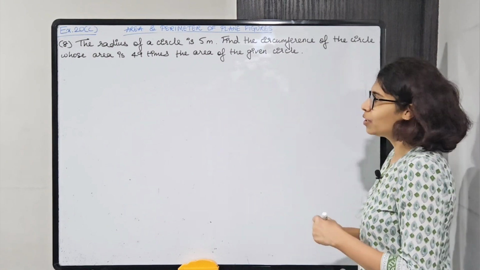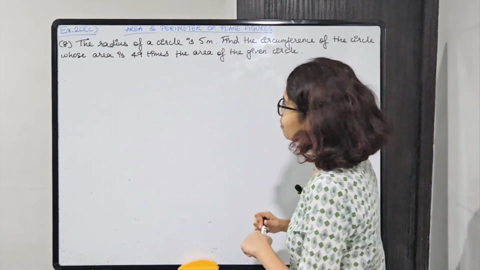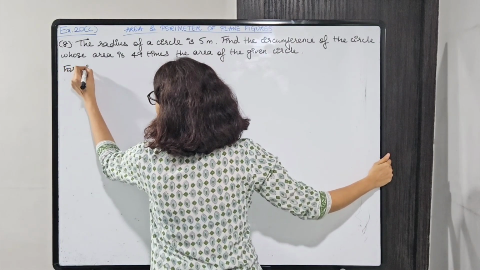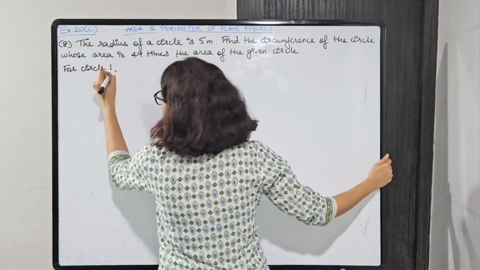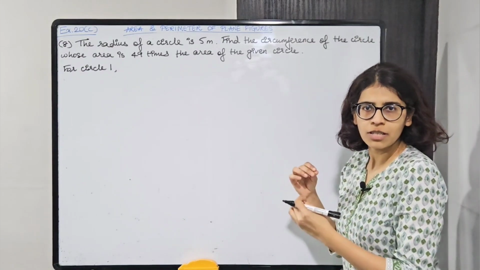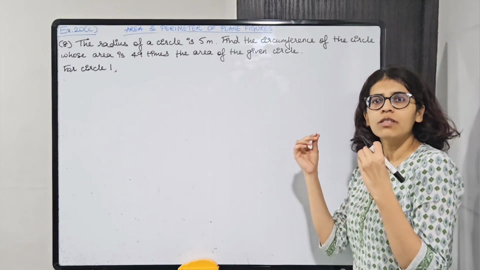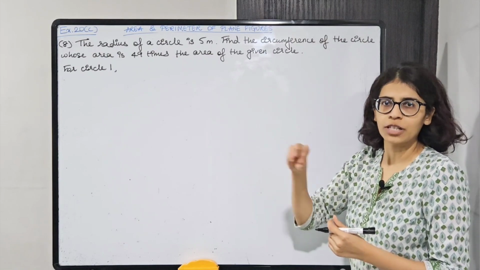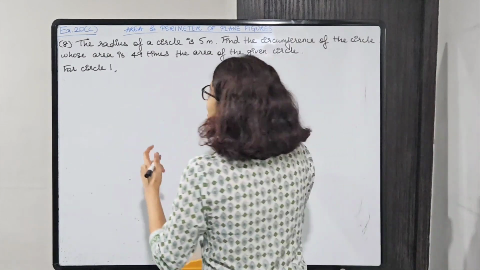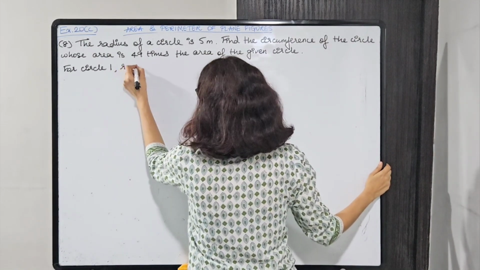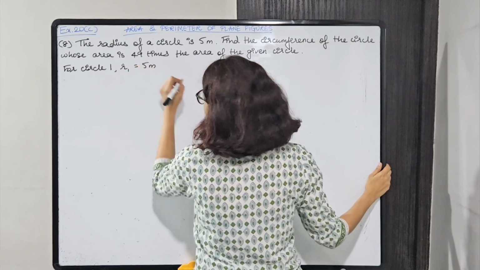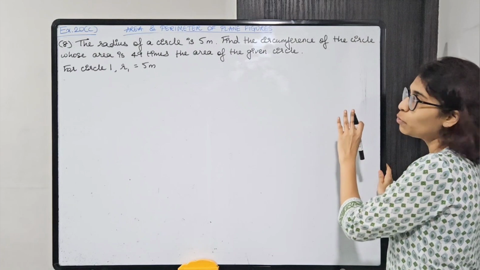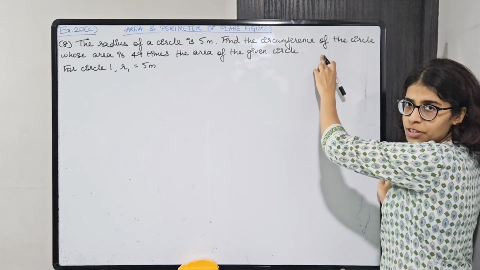Alright, so let's solve directly. For circle 1, here also we'll number the circles, and we'll put subscript. For first circle subscript 1, for second circle subscript 2. So for circle 1, radius R1 is 5 meter. Alright. For circle 2, you need to find out the circumference.